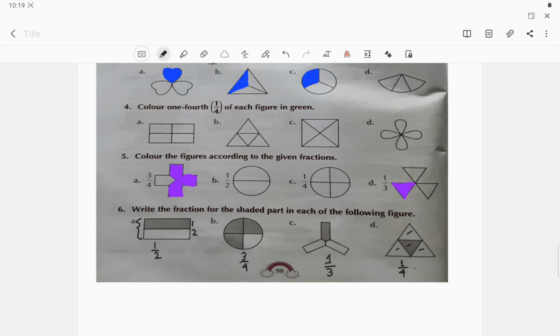And you can check these numbers are called fractions because the whole is divided into parts. You have to write the whole parts or total parts at the bottom, and how many portions are shaded or colored at the top.